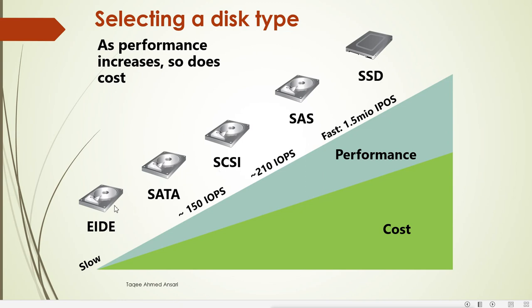Now IDE is not available. If suppose you get 100 GB of SSD, the cost you pay for that 100 GB of SSD, you can buy 1 TB of SATA. That much more expensive is SSD.